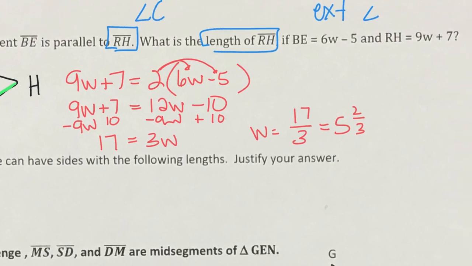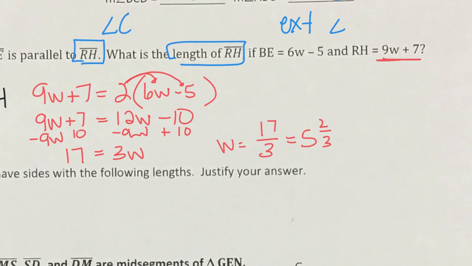Now I want to figure out what the length of RH is. So I can probably multiply this in my calculator. 9 times 5.6666667 plus 7. I bet you this is going to be a whole number, and it is. RH is 58 units long.